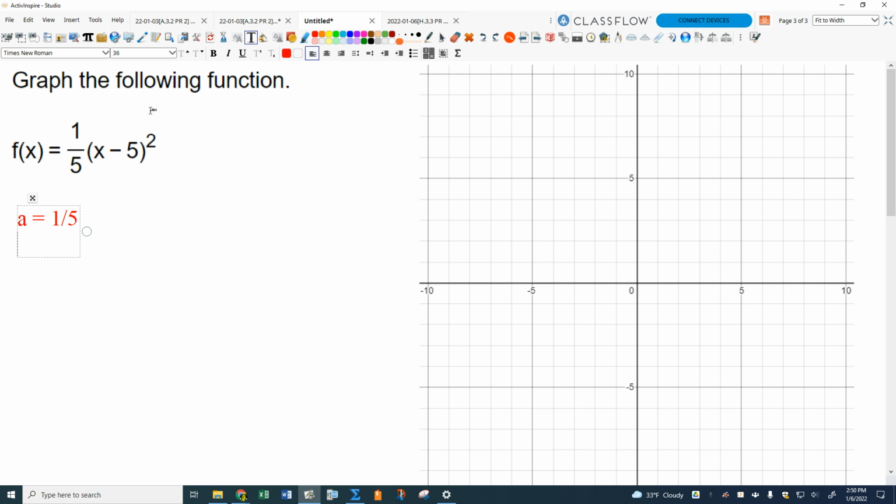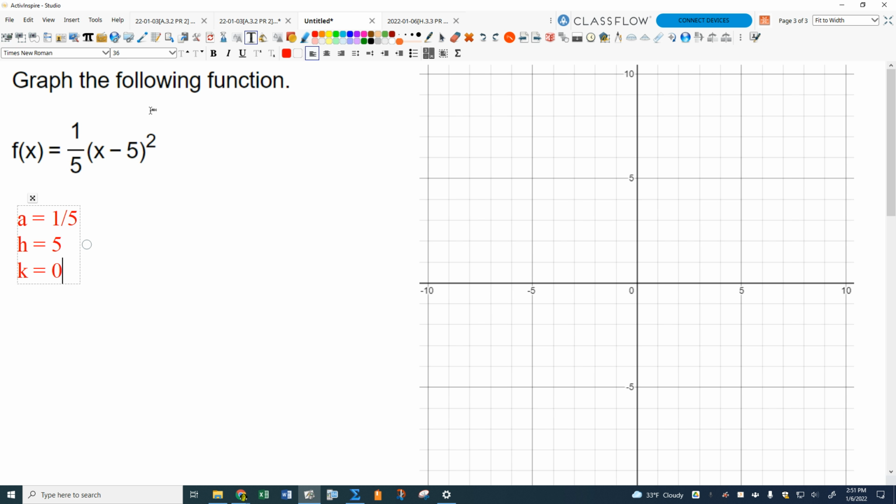How about the value of h? What do you think? Allie, what's the value of h? 5 is correct. Good. And what's the value of k? Miss Cedars, what's the value of k? 0.